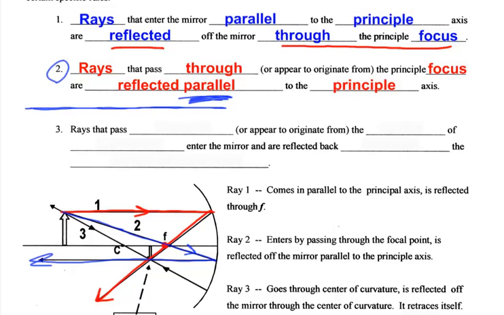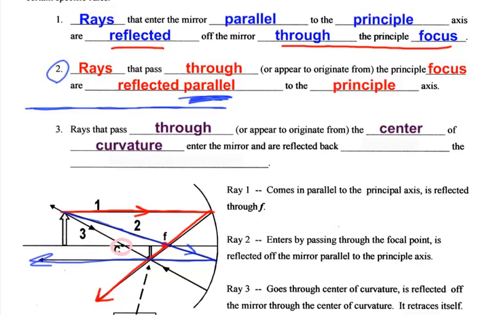And number 3, and most of the time you won't have to draw all 3 rays. You really only need to draw 2 of them. But number 3, rays that pass through the center of curvature. Let's see if I can get a different color pen. All I have is this light pink.